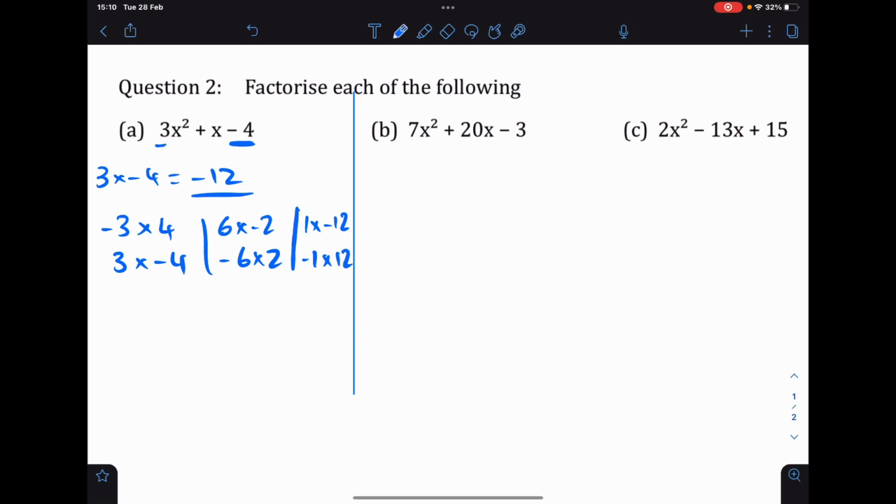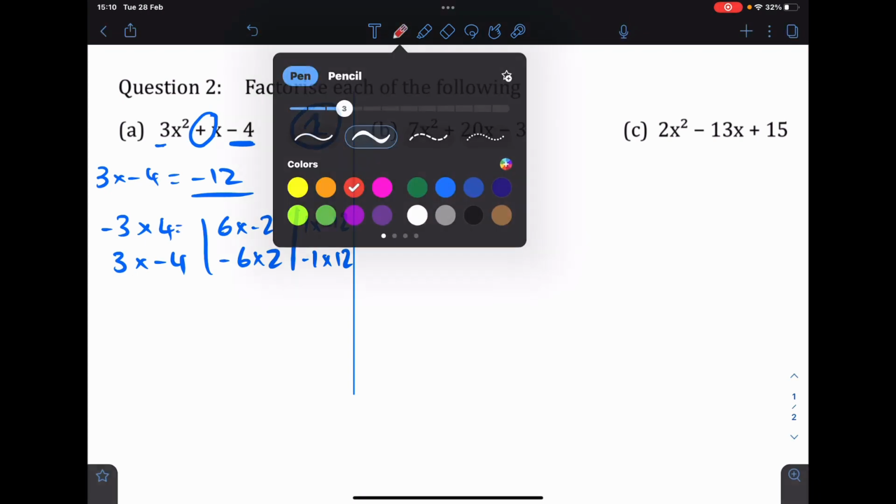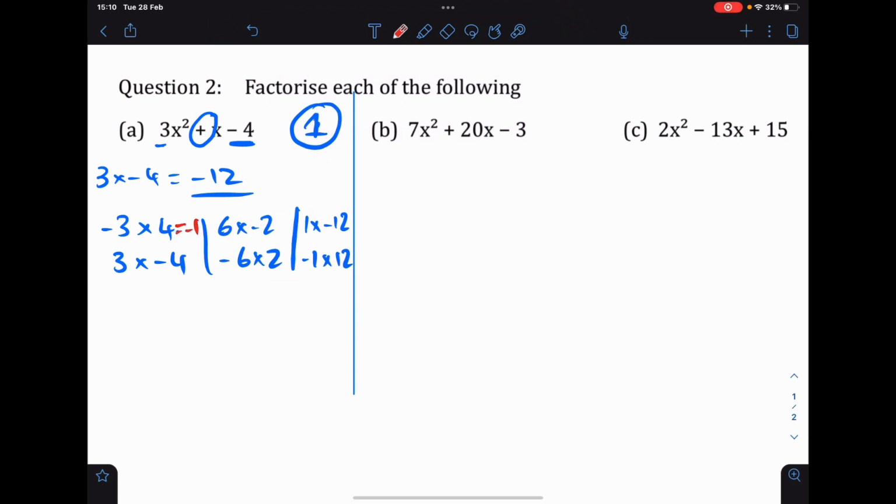Now, I have to choose the one that adds up to the middle number, the number before x. So if you look here, the coefficient of x is 1. So I have to choose the one that adds up to positive 1. So this one adds up to negative 1, so it's not that one.